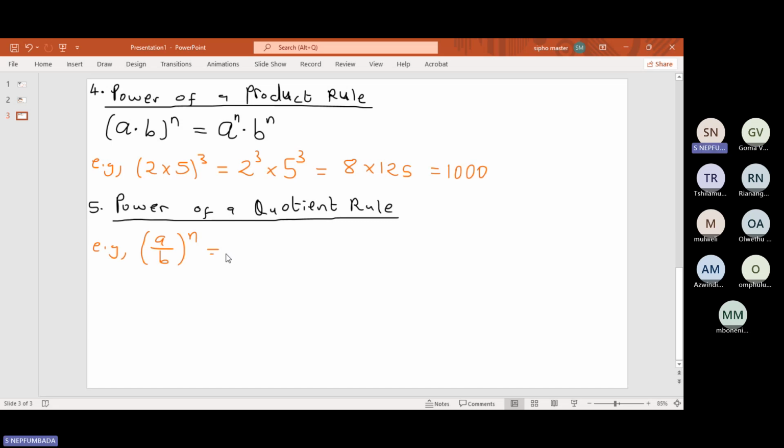If you can give it a try. This one is going to be equal to what?